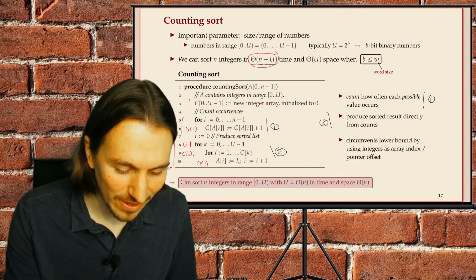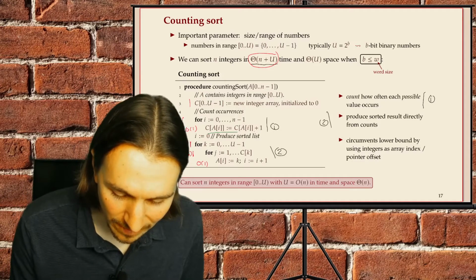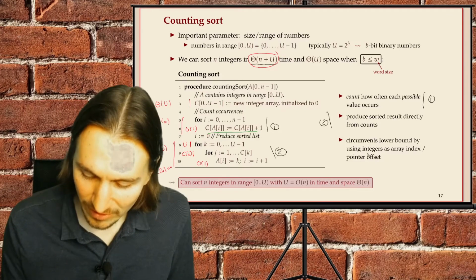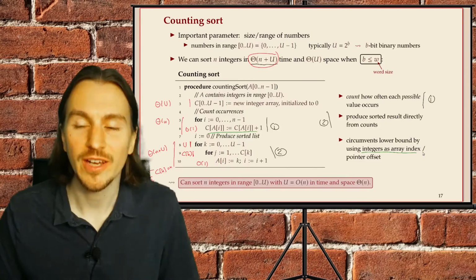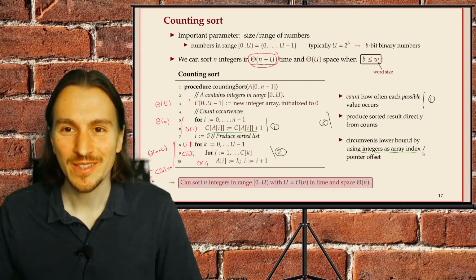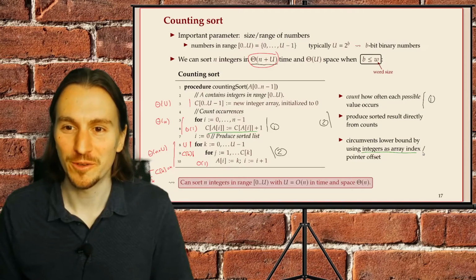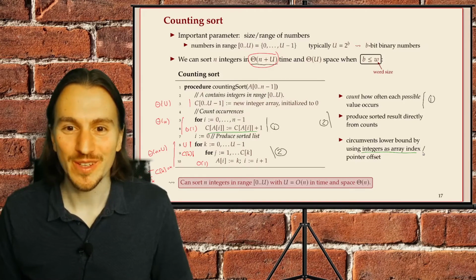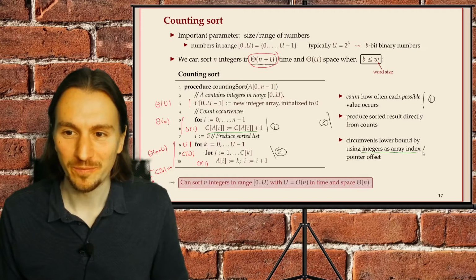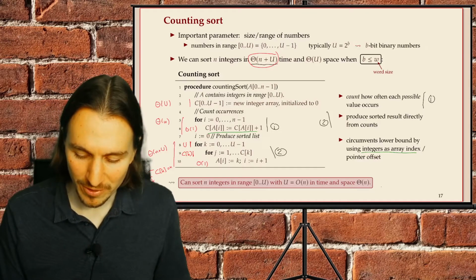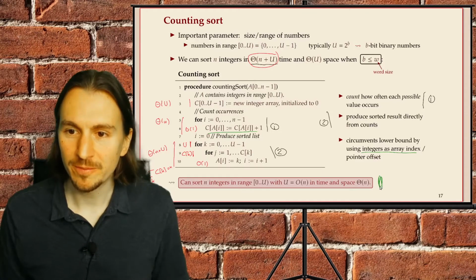Well, the key thing is this line, where it uses the integers as array index. That's an operation that's totally fine on the word RAM, that's totally fine on our actual computers, but the comparison-based model doesn't allow this.